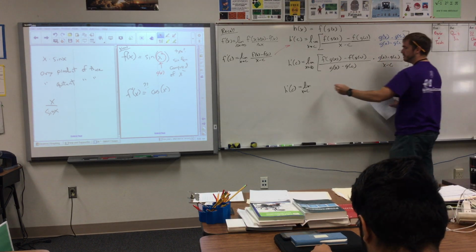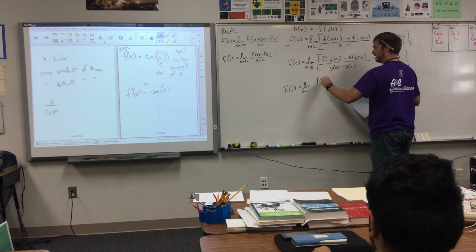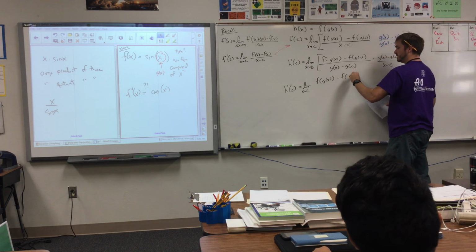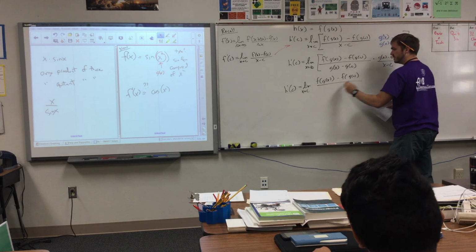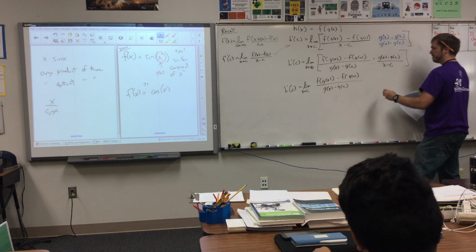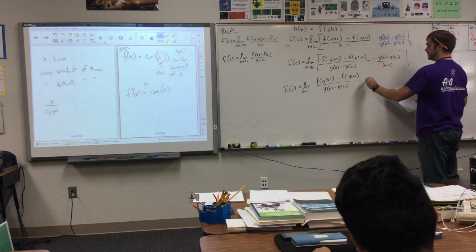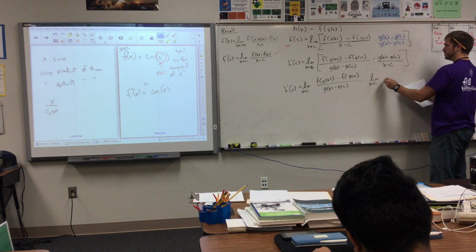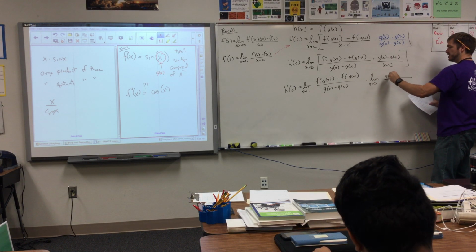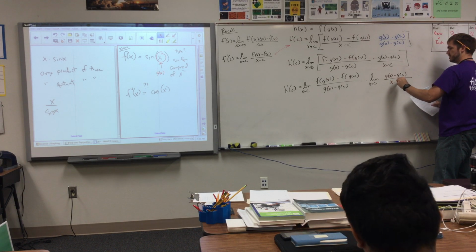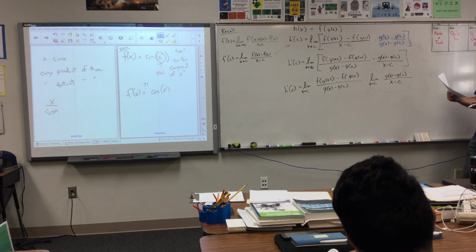Hector, Stephanie, thank you. f of g of x minus f of g of c all over g of x minus g of c, times the limit as x approaches c of g of x minus g of c over x minus c.